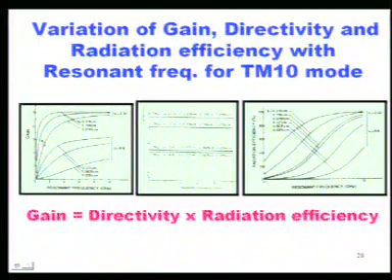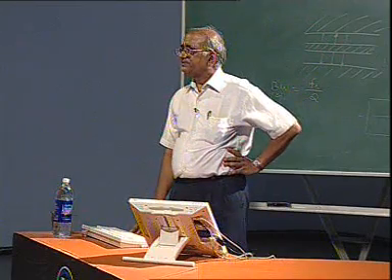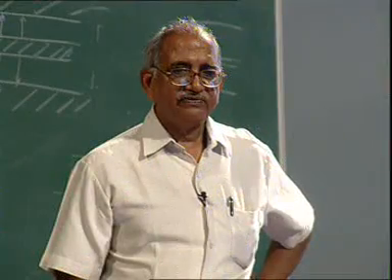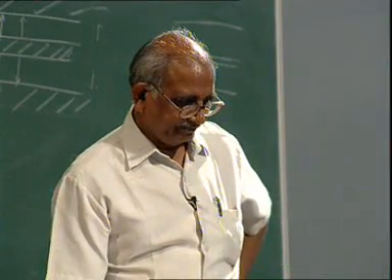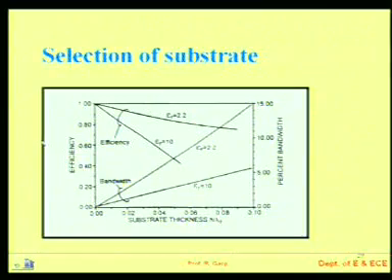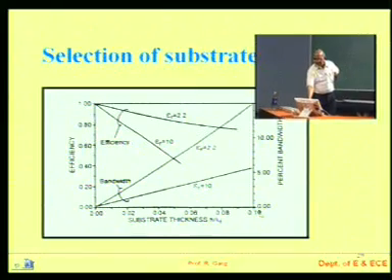So, all these things explain why we use low dielectric constant substrate and larger thickness to improve the performance of the antenna. And this tells you the selection of the substrate in one nutshell, where here it is the substrate thickness h by lambda 0.